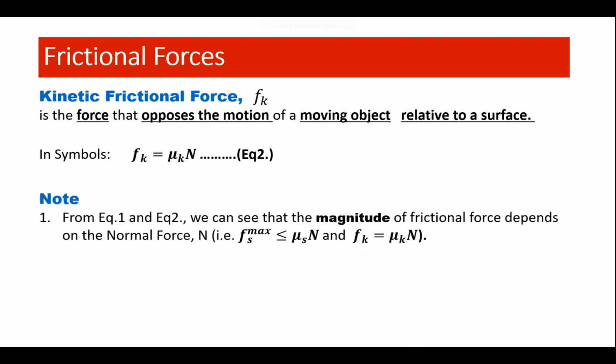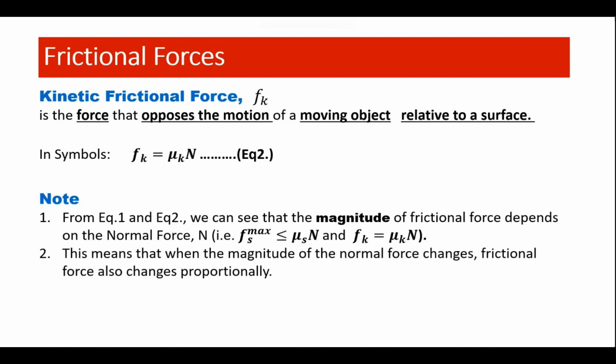And also note that from the first equation and the second equation, we can see that the magnitude of frictional force depends on the normal force. If you look at those two formulas, Fs max is less than or equal to mu s times N and Fk equals mu k times N. It means frictional force depends on N. If N changes, then frictional force is also going to change in magnitude, and the change is in proportion.